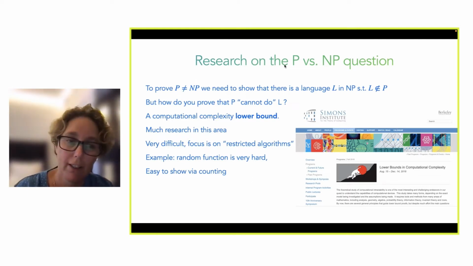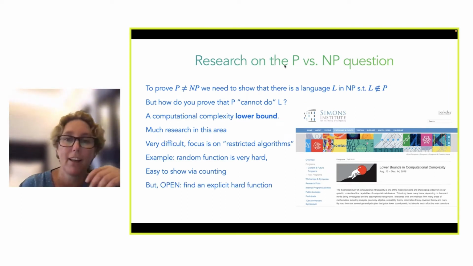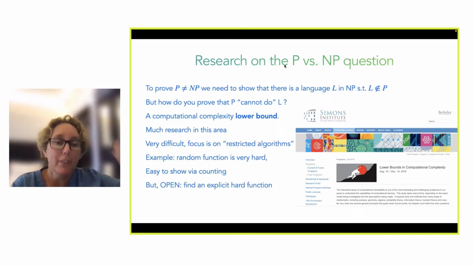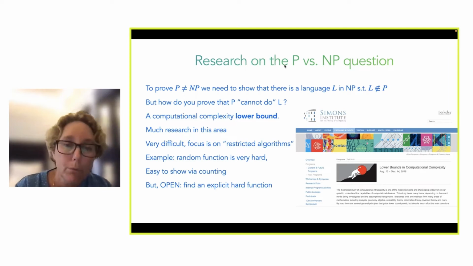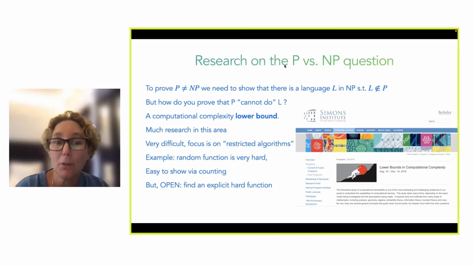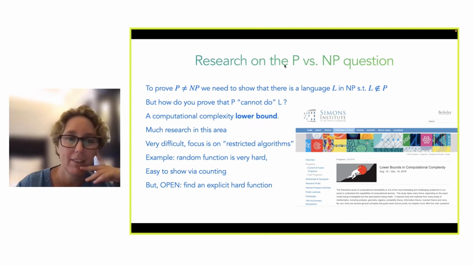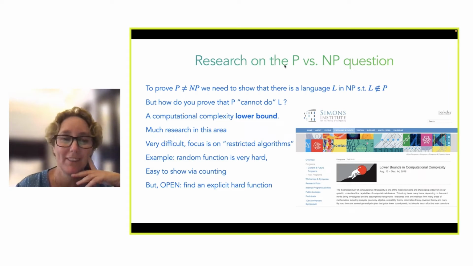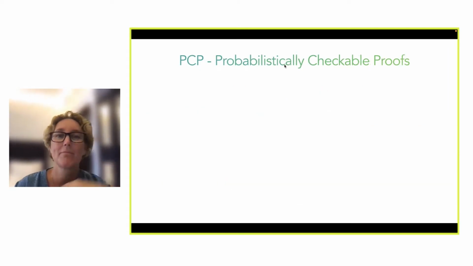So it's easy to show via counting. But show me one specific hard function for which you can prove that there is no polynomial time circuit. This is an open question. So this problem is quite challenging.